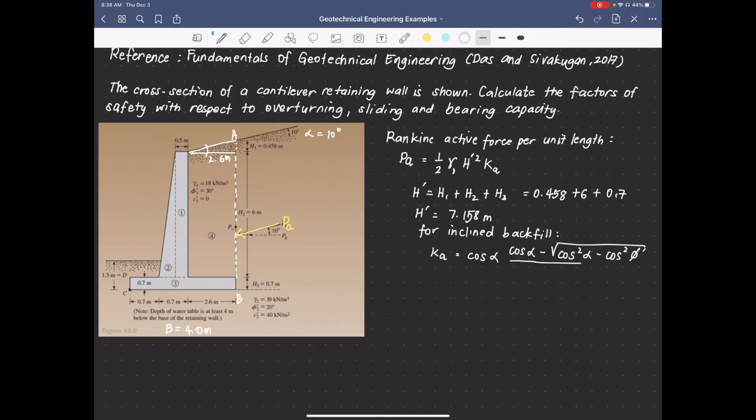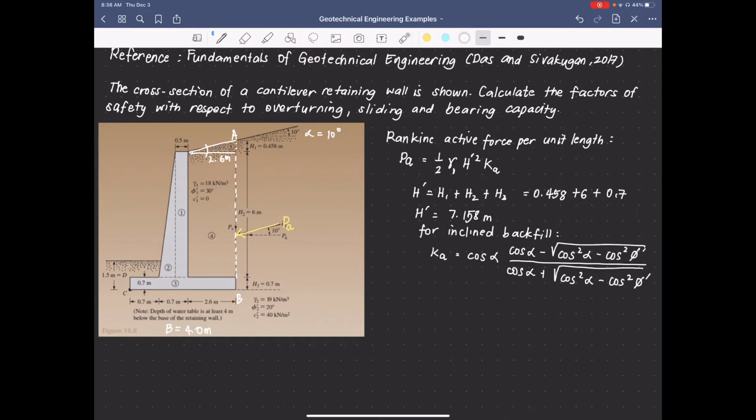This is divided by cosine alpha plus square root of cosine square alpha minus cosine square phi prime.